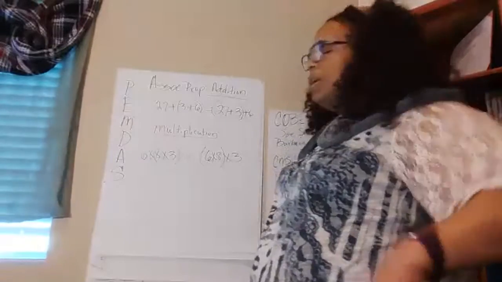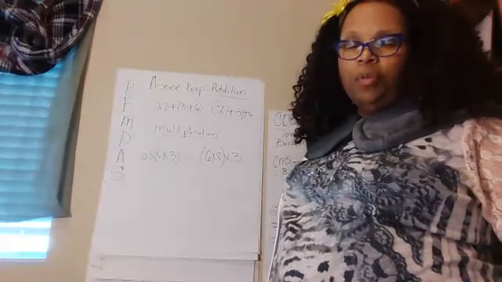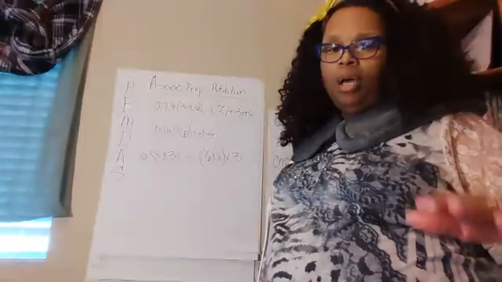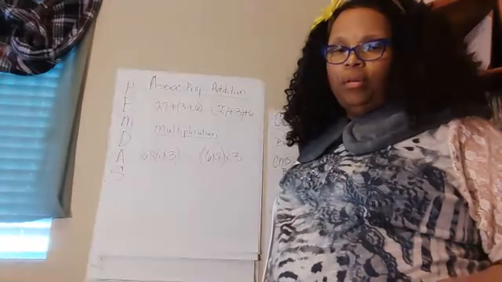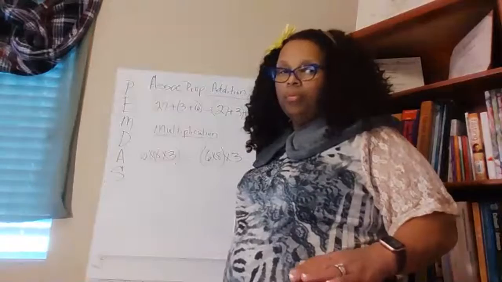Okay, that's one problem. Now come down halfway on your sheet. That's going to be your addition, so label that as your addition. Come down halfway on your sheet, and I want you to write multiplication.